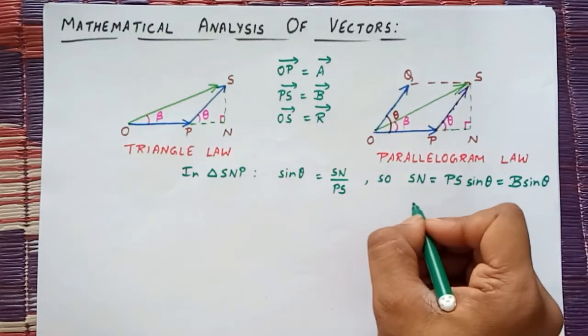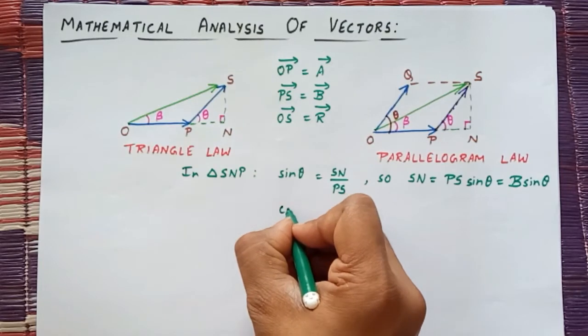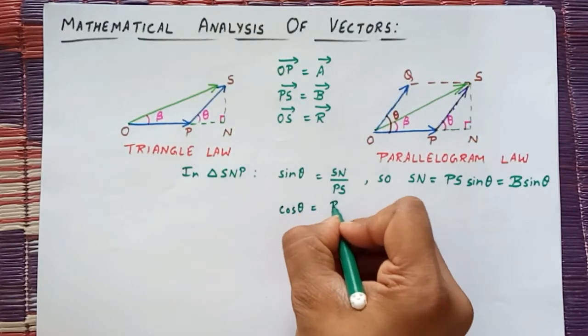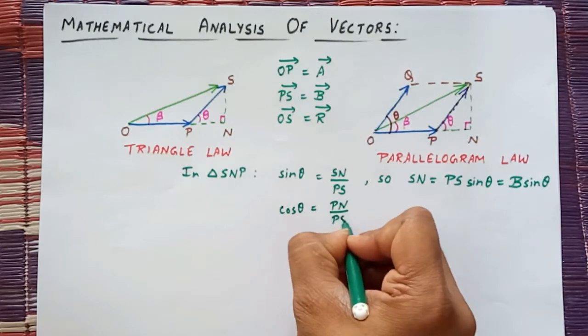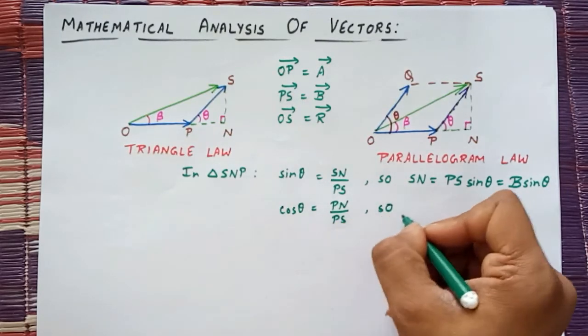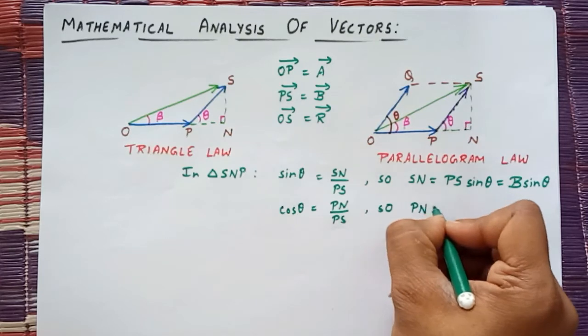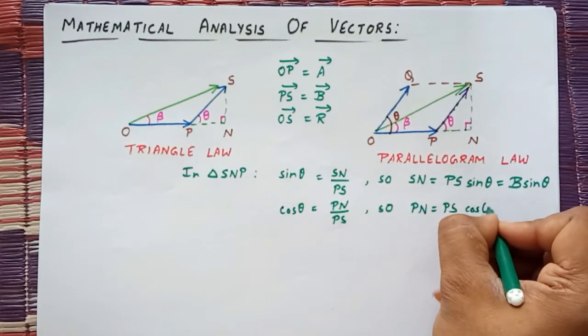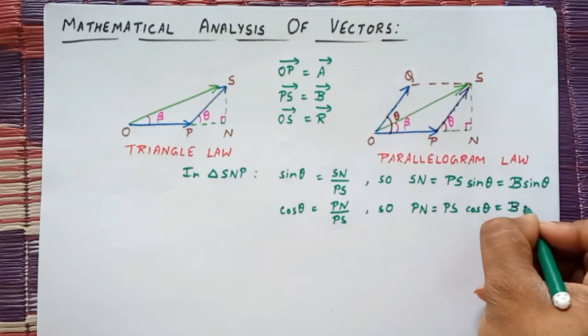Similarly, if I take cos theta, it will be PN upon PS. So PN will be equal to PS cos theta, and it will be equal to B cos theta.